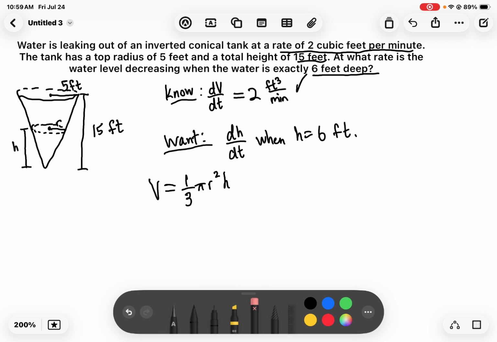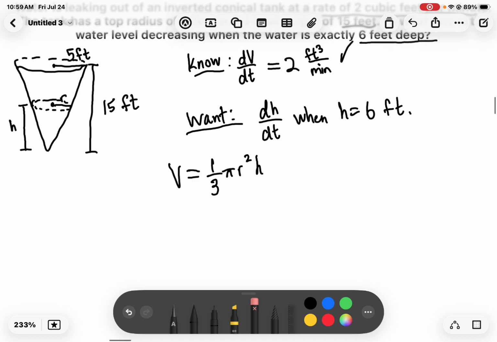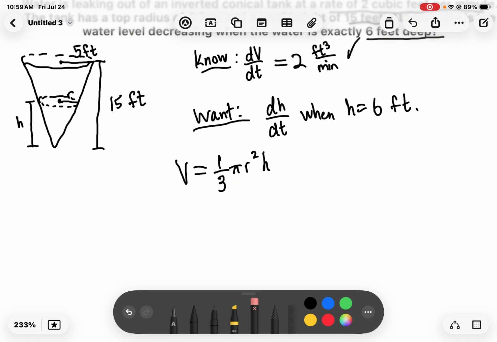So instead, we're going to try to express the radius as a function of the height, r as a function of h. That way, we can get rid of the information that we don't know. So how do we do that? Well, we have two triangles that are similar to each other.